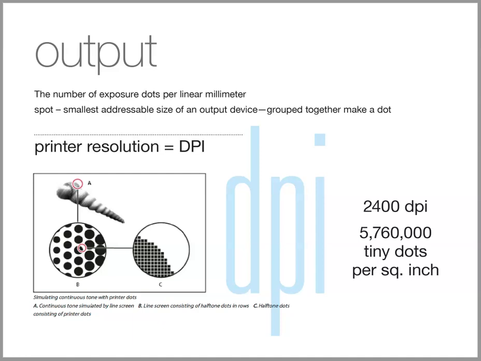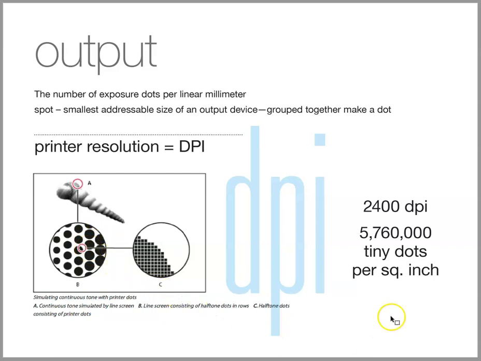What those dots are doing is printing your halftone dots, based on how many little tiny dots it takes to print one halftone dot. Some people call them spots. I find that incredibly confusing because nobody talks about SPI. So your printer resolution is how many little tiny dots I am using to create the halftone dot that you look at through your loupe.